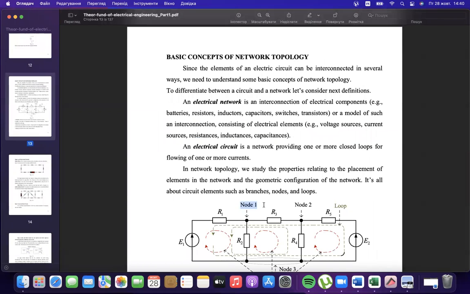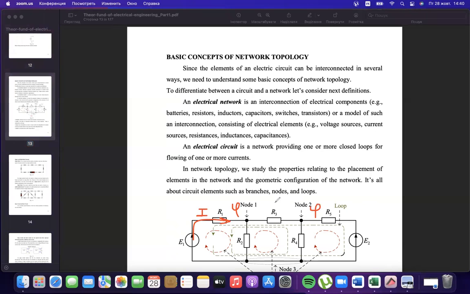Here we have some nodes as connection points, and we could write the potential in volts, the potentials of each of the nodes, and write equations not in terms of currents, but in terms of the difference of potential, that is, voltage. And all our equations will be not in amperes, but in volts. This is our goal.